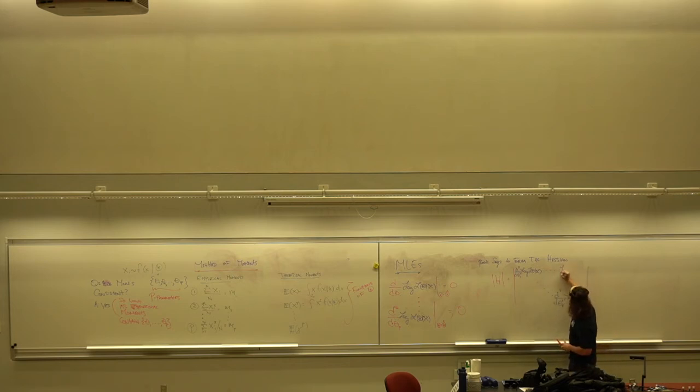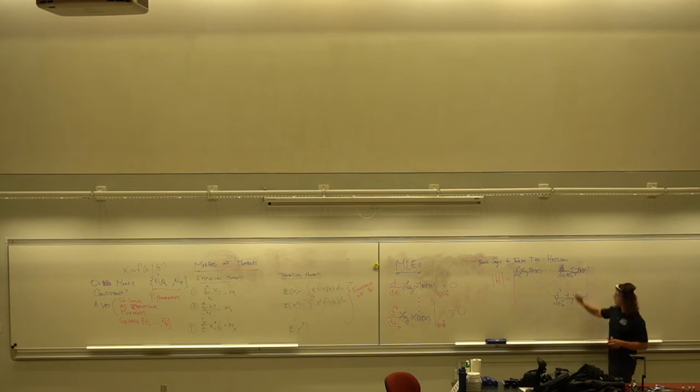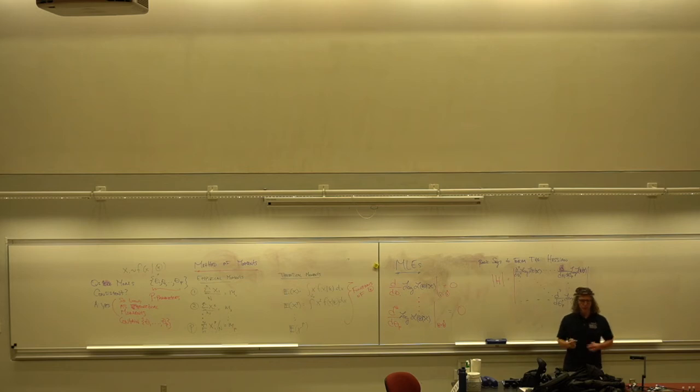This is just the second derivative matrix. These are going to be your mixed partials, d theta 1, d theta t of the log likelihood. So you're going to fill this whole thing out. These are just your second derivatives. This is called the Hessian.